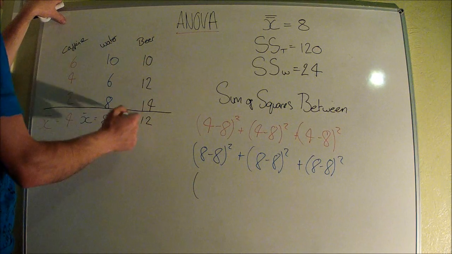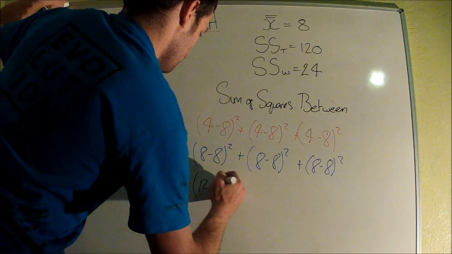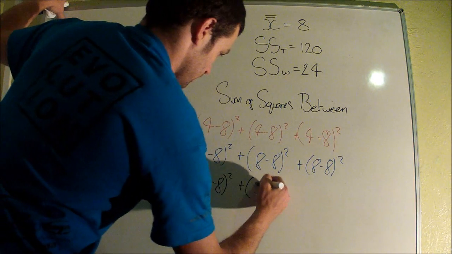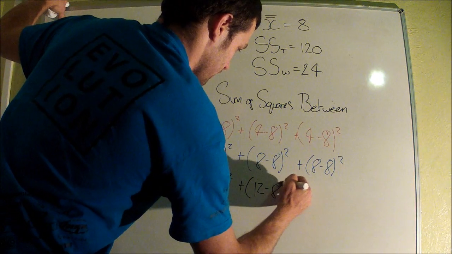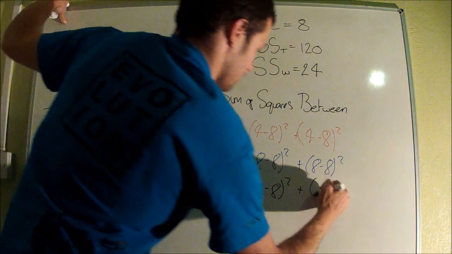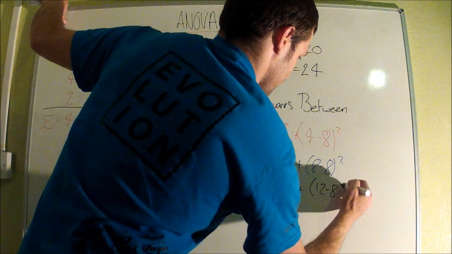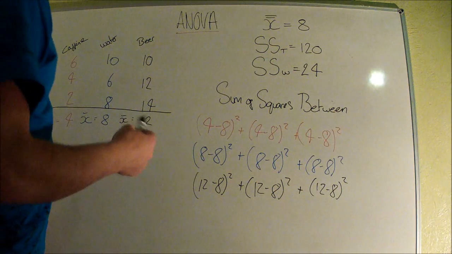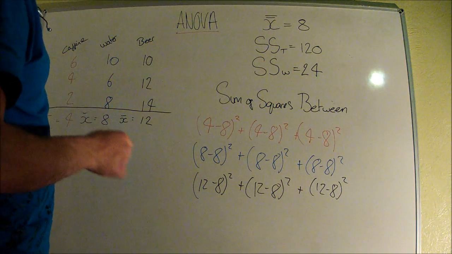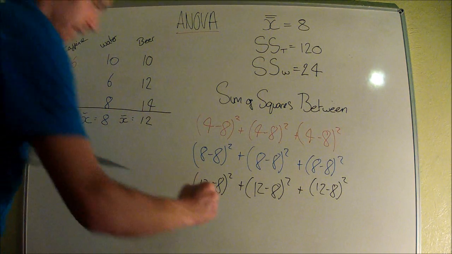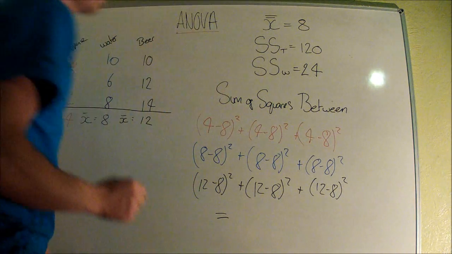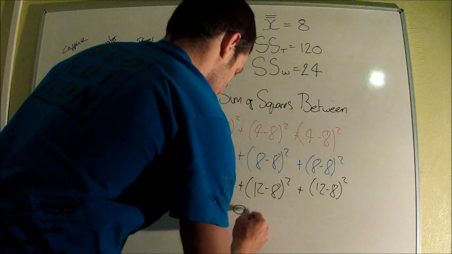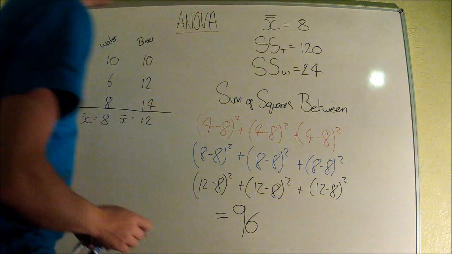So for this one here, his mean 12 minus 8 squared plus, again, 12 minus 8 squared plus 12 minus 8 squared. Bit of a long-winded way of writing it out, but hopefully it'll mean you'll understand exactly what I'm trying to get at. Again, get your calculators out and punch them all in, and you'll end up with 96.